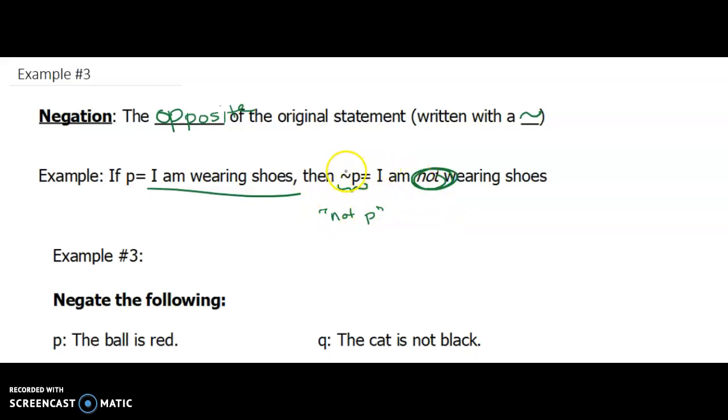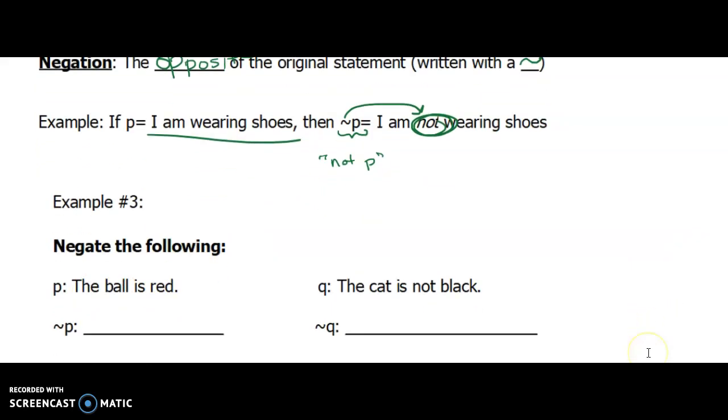Okay, so this squiggly and this not goes hand in hand. All right, so for example, if my P is the ball is red, and I want to negate that statement, okay, so this squiggly here tells me I'm going to negate that statement. So the negation of the ball is red would be the ball is not red.